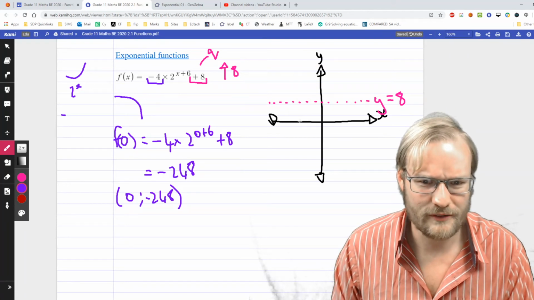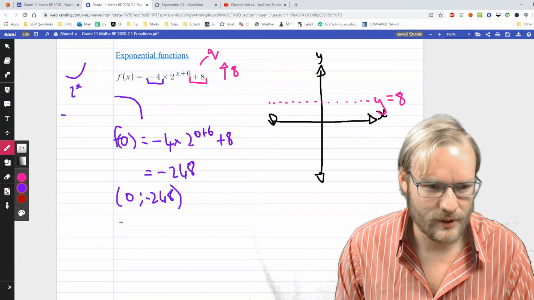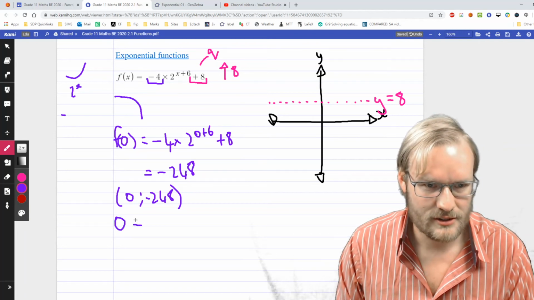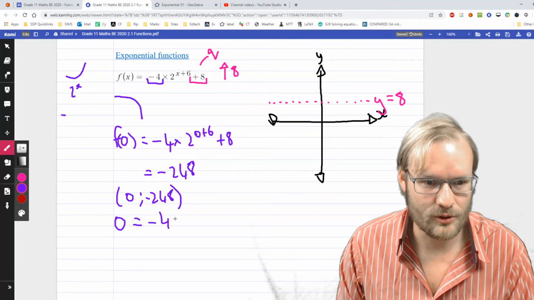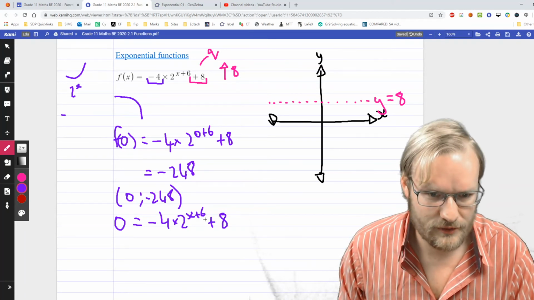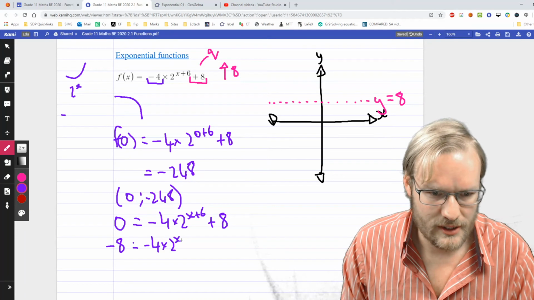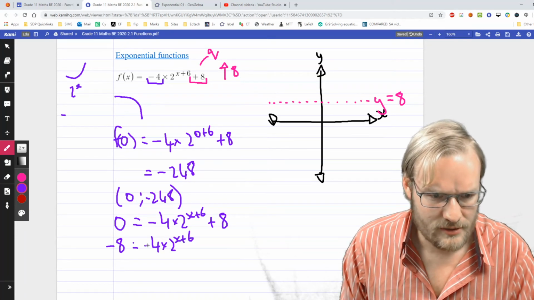Okay, now we want to find out what the x-intercept is. Well, we know that the y value is then 0. So 0 = -4 × 2^(x+6) + 8. Okay, let's solve this. Subtract 8, so -8 = -4 × 2^(x+6). Okay, divide both sides by -4.